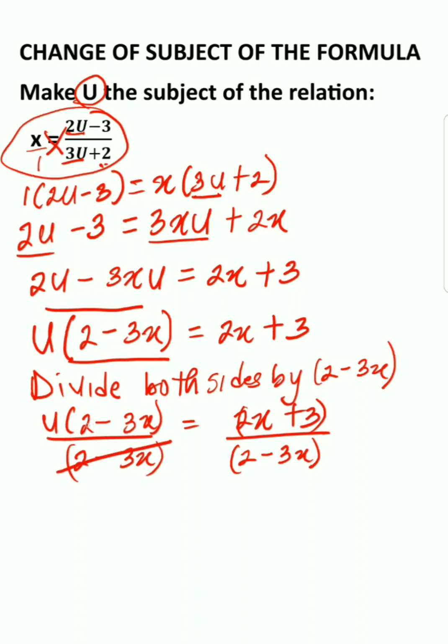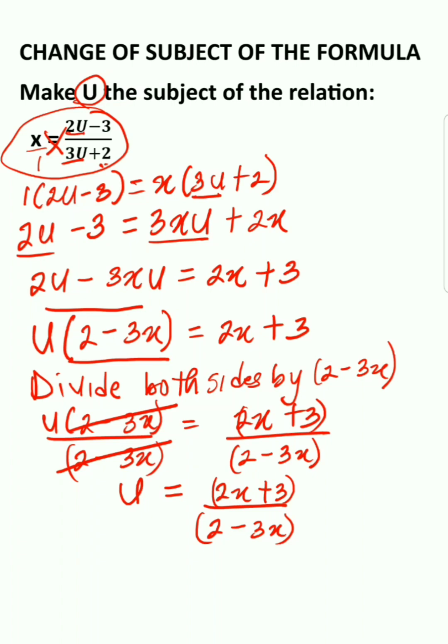And so 2 minus 3x, cut out 2 minus 3x, we have u equals to 2x plus 3 divided by 2 minus 3x. And so we've succeeded in making u the subject of the formula.